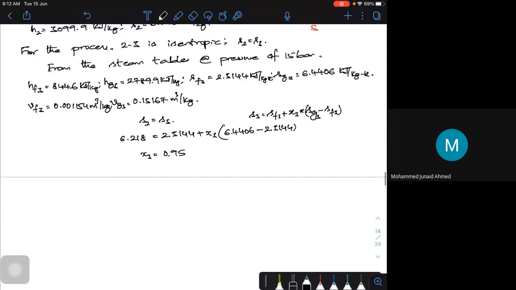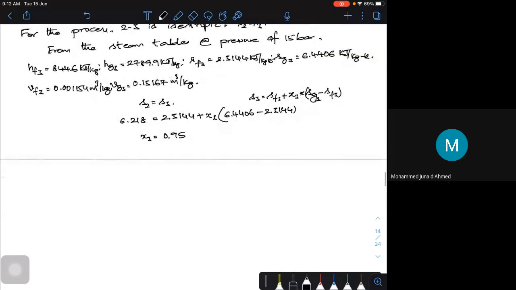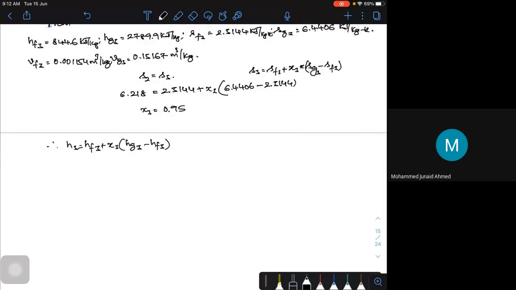Now, once you found this, I can find the enthalpy. Therefore, the enthalpy H3 is equal to HF3 plus X3 into HG3 minus HF3.